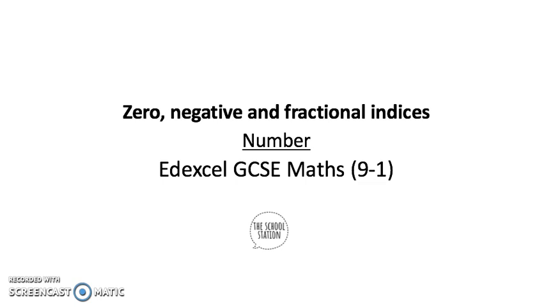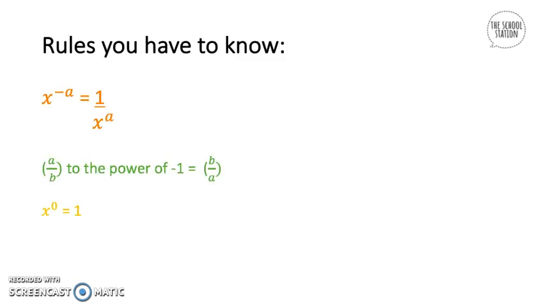So first of all, we're going to start off with some rules. The first rule you have to know is x to the power of minus a is equal to 1 over x to the power of a. Basically, if you have any number with a negative power, then it is equal to 1 over that number to the power of the positive version.